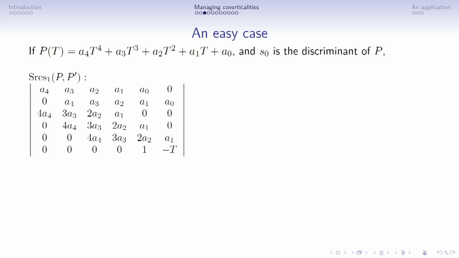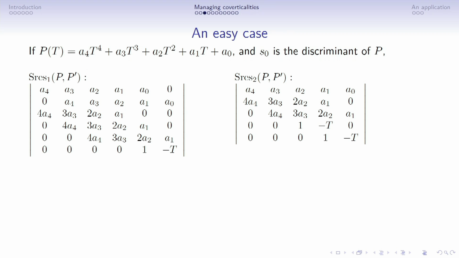There are some generalizations called subresultants. The first subresultant is the determinant of that matrix I show here. The second subresultant is this one here. The zero subresultant is the same, but it's a degree 0 polynomial, so it's just a number depending on the coefficients.